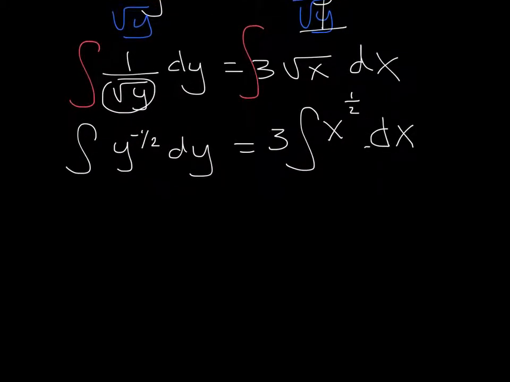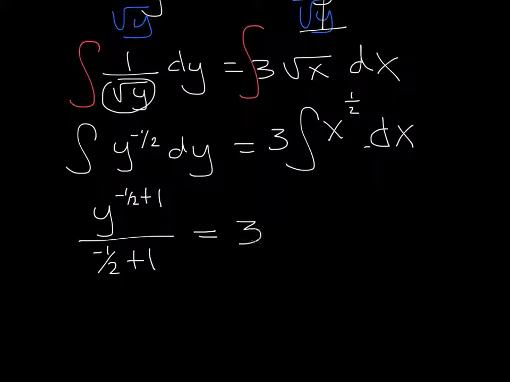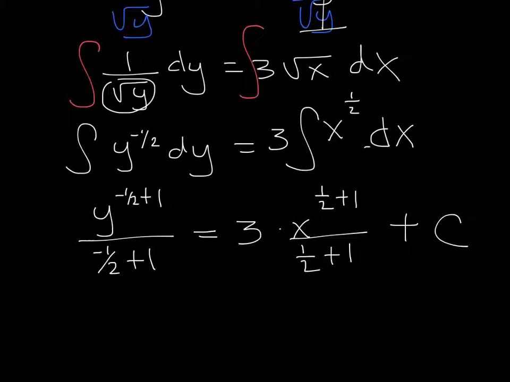Now when we integrate, we get y to the negative 1/2 plus 1 over negative 1/2 plus 1, plus a constant, and I'll just add it at the very end. So 3 times x to the 1/2 plus 1 over 1/2 plus 1, plus c, which really represents c2 minus c1.